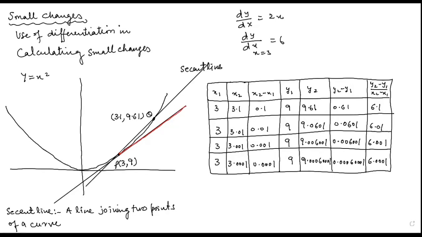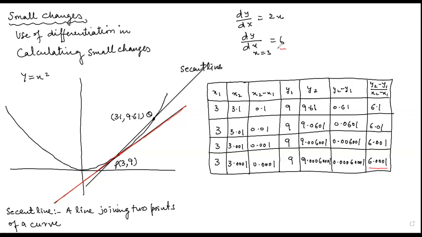This one is the secant line. Can you observe that when point Q is very close to point P, the secant line is the tangent line? Yes, sir. And you can see that from the gradient, that the gradient of the secant line is approximately equal to the gradient of the tangent line.